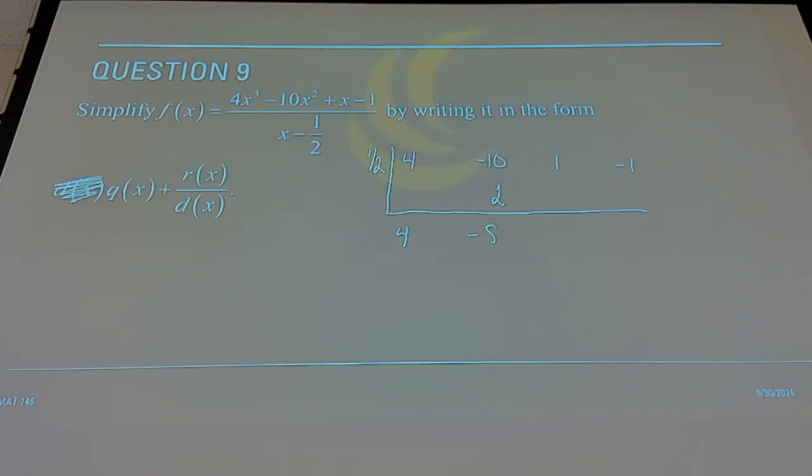Minus negative 8. Times a half. Add 1. 3. Times a half. Negative 3 over 2. Add negative 1. Negative 5.